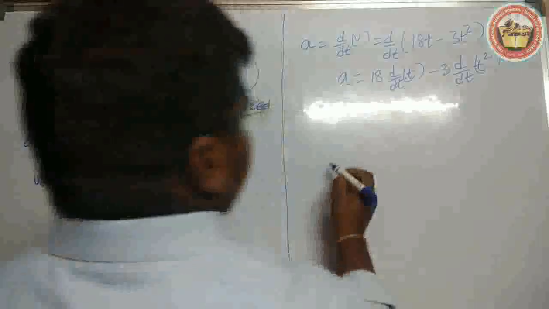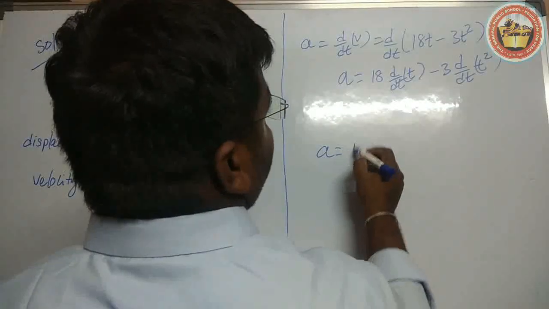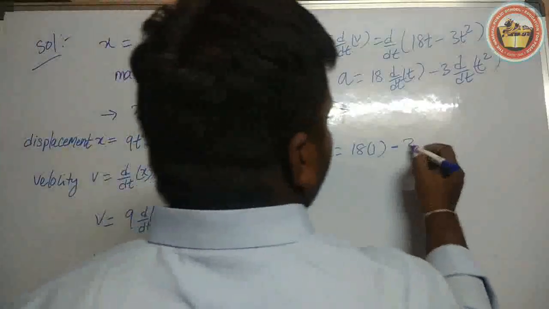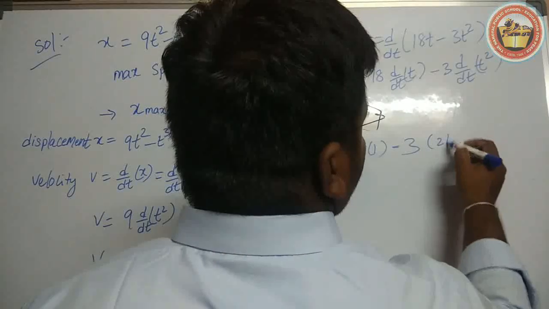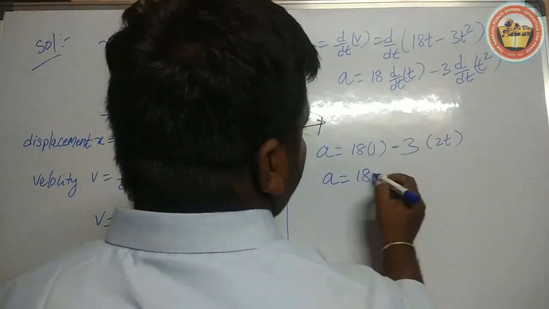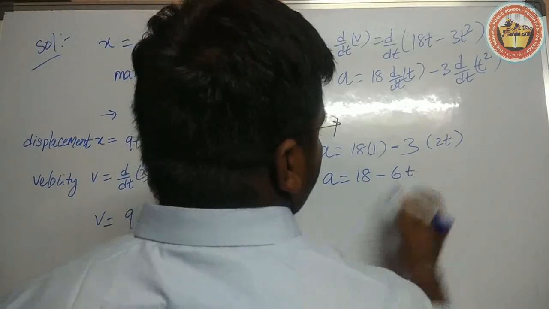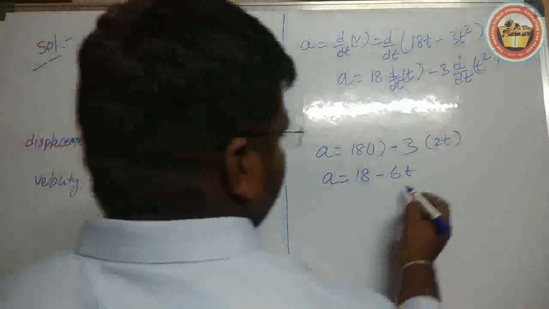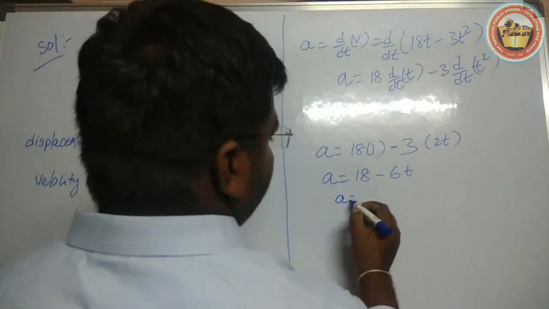So A is equal to 18 into 1 minus 3 into 2t, that is 18 minus 6t. According to the question, A becomes 0.